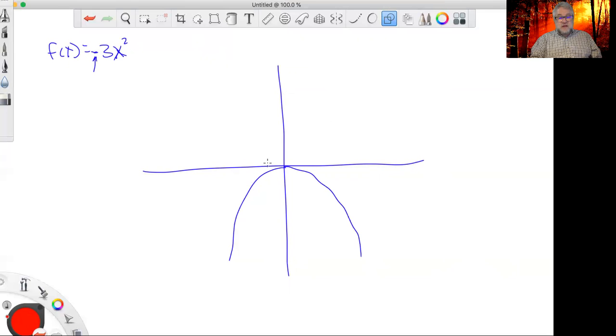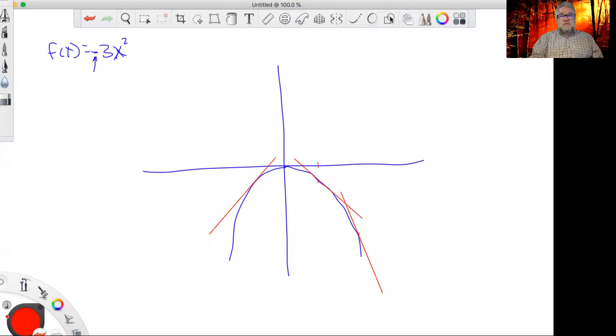Okay, so the tangent line is going to look like that. It's tangent to this point right here. So we found at x equals 1, so right there, the tangent line has a slope of negative 6 is what we came out with, right?